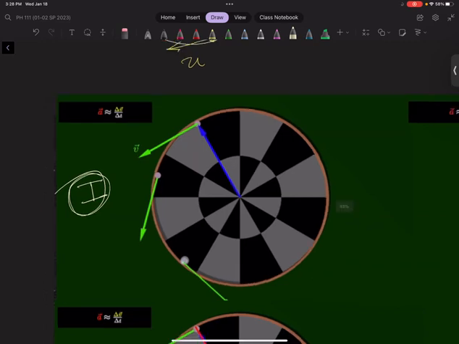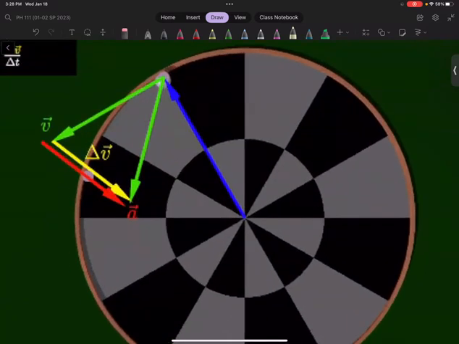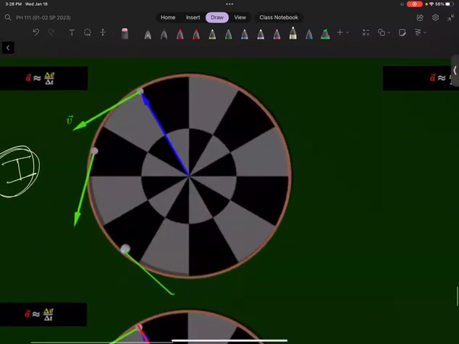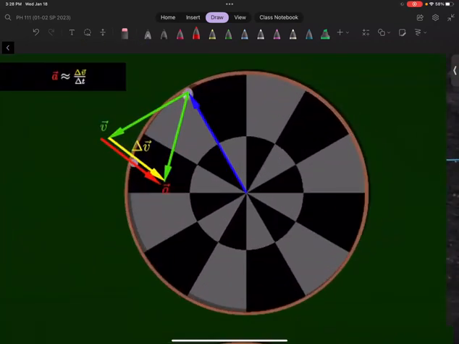Now, wouldn't you say that I can take this vector and move it somewhere there? As long as I'm not changing its direction, this is legit stuff, right? You with me, guys? Okay, so I have two vectors of velocity, which are different.